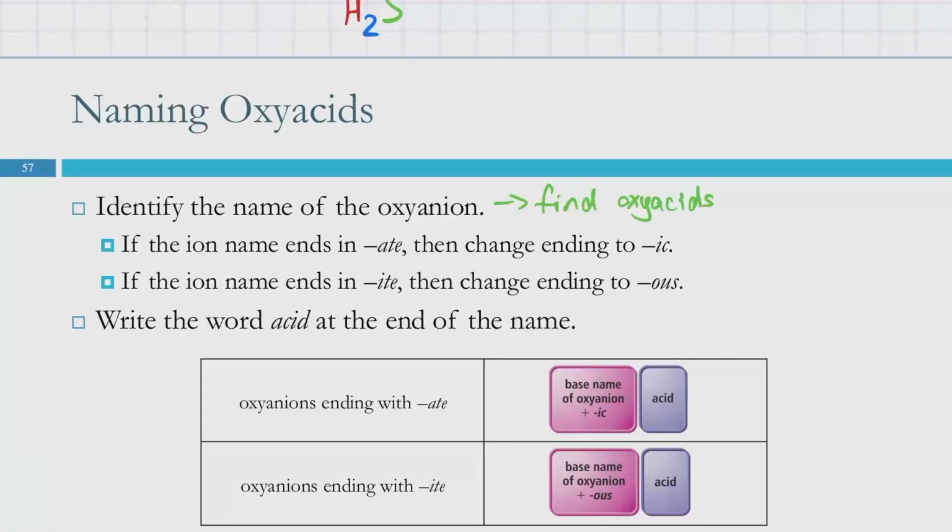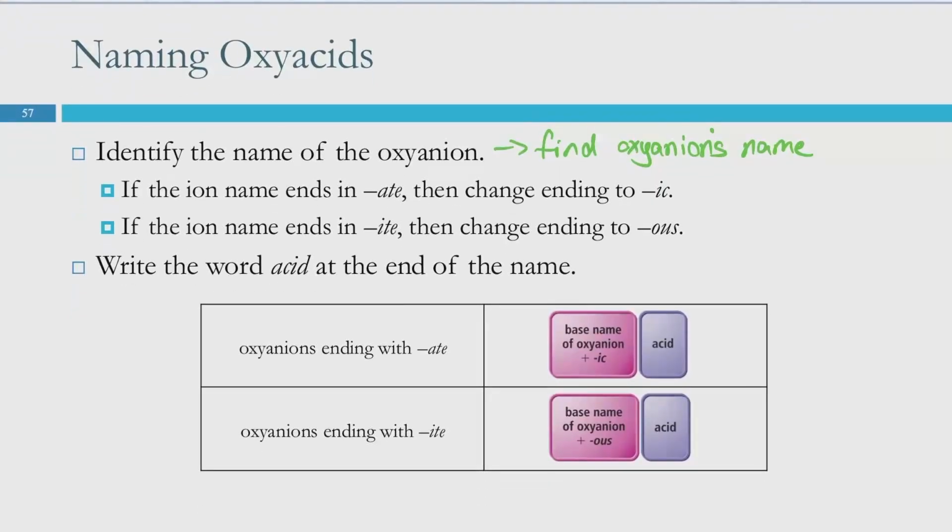So we will find the oxyanion's name, either from our memory, or if we haven't memorized them yet, working through with our green sheet to find the oxyanion that has the same nonmetal base other than the oxygen, and then counting based on how many extra or fewer oxygens it has. And then we make a change to the name of the oxyanion.